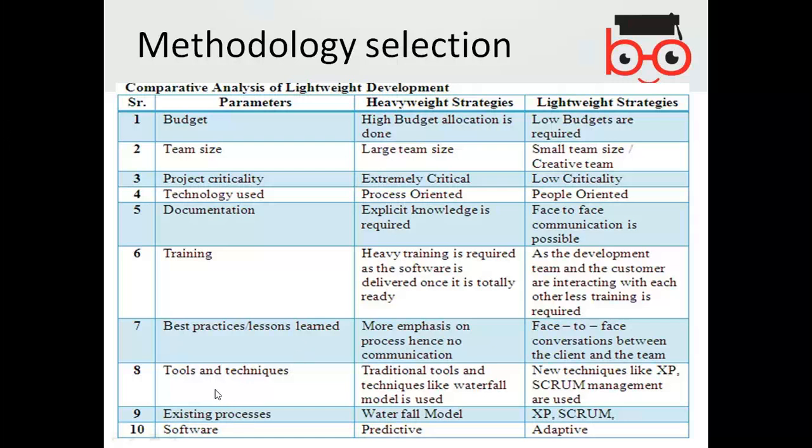Tools and techniques. The traditional tools and techniques like the waterfall model are used. However, new techniques like extreme programming and Scrum management are used. So it really depends. Whatever the strategy is, you need to select the tool accordingly.